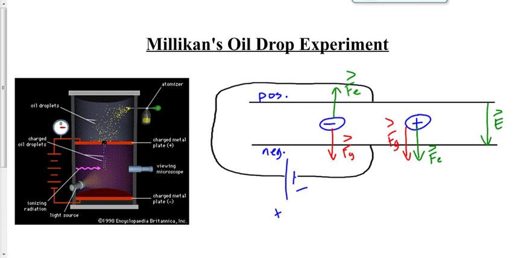Now, the positive particle will accelerate in this field. And it'll accelerate pretty quickly because it's got two forces in the same direction. The negative particle may accelerate if one of these forces is bigger than the other, or it may not accelerate.